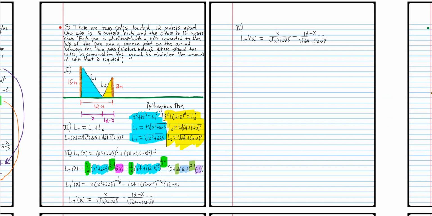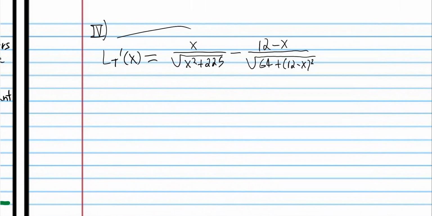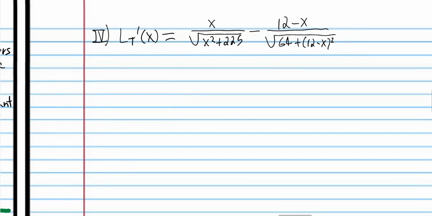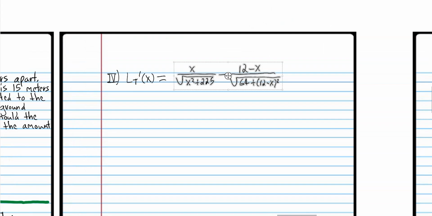But we're now going to find the critical numbers. But remember, to find the critical numbers, you want to combine fractions into one expression. That helps us figure out where the derivative is undefined and where it's 0. So I'm going to show you exactly how we're going to do that.